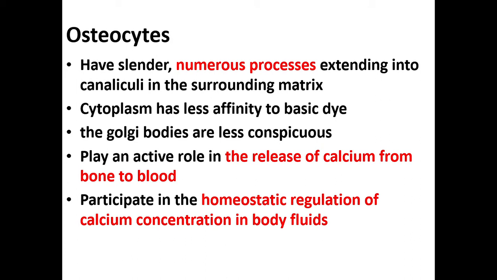The osteocytes play an active role in the release of calcium from bone to blood. That's why they are involved in the regulation of homeostasis of the body, participating in the homeostatic regulation of calcium concentration in body fluid.